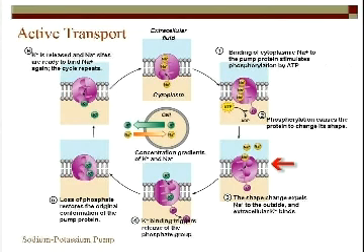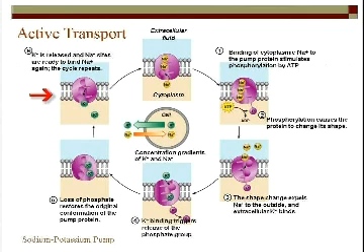Once that happens, binding sites on the same protein open up for potassium ions to come back into the cell. When those potassium ions come back into the cell, the phosphate groups will fall off and the protein will open back up to the interior. At this point, it reopens the sodium ion channels to allow for more sodium to bind again to be pumped back out of the cell.